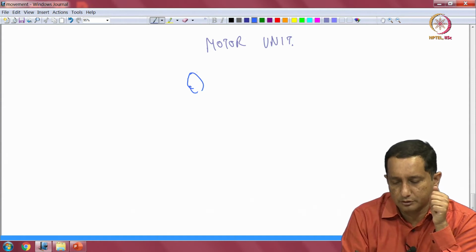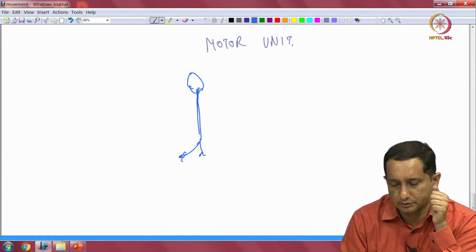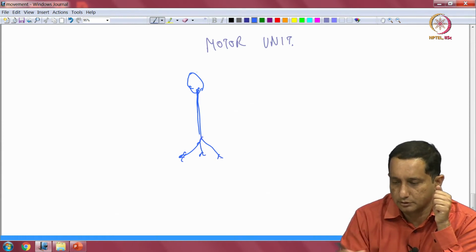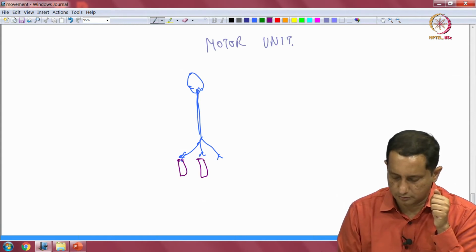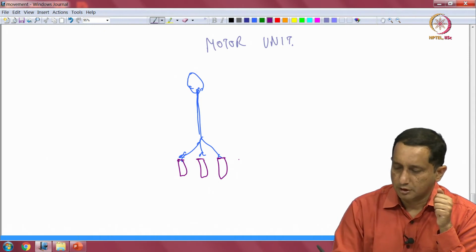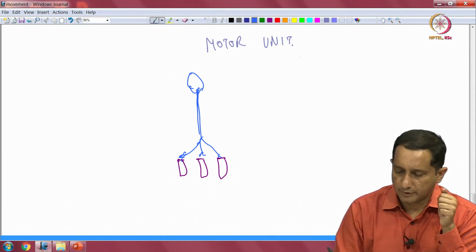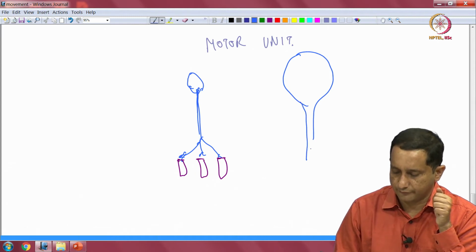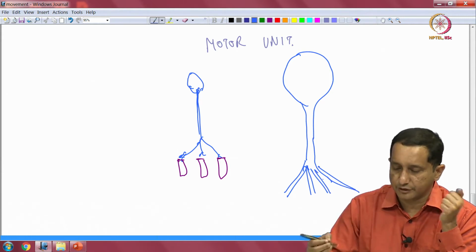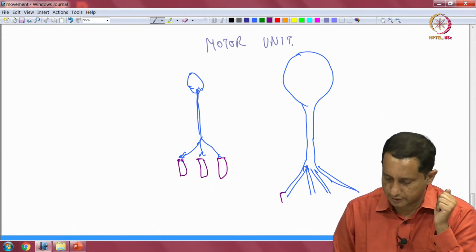Single neuron, every single neuron ends up in multiple skeletal muscle fibers. Based on the size of the neuron, you can have multitudes of fibers connected to a single neuron.